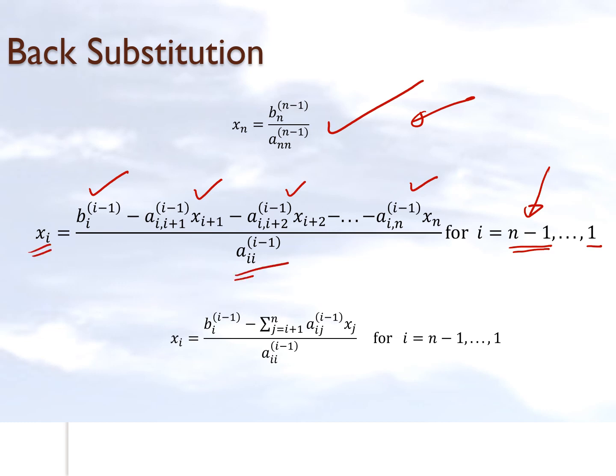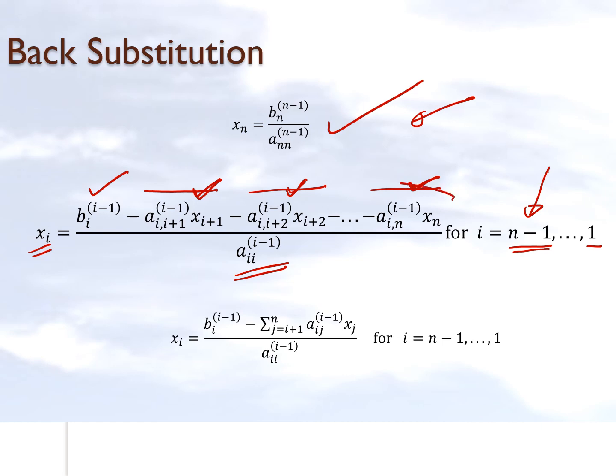Of course, you're going to divide it by the diagonal element a sub ii, but what you're seeing here is that only those elements which have already been found in the x vector are being used. So let's suppose you are at xi. That means that you already found xn, xn minus 1, and xi plus 1, and that's why only those x values appear on the right hand side of this equation.